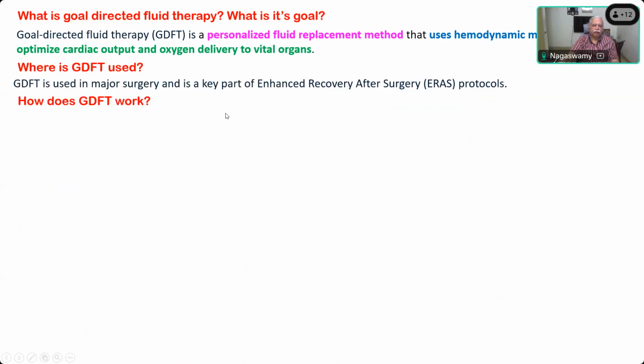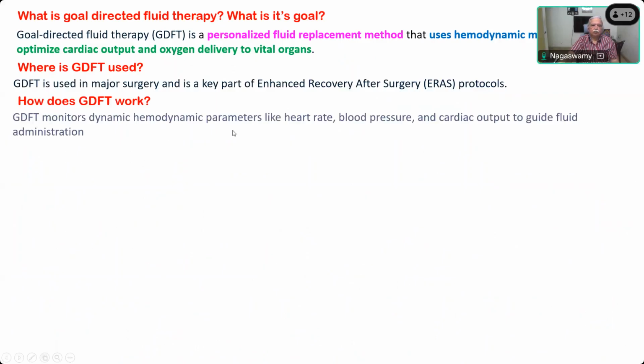How does GDFT work? They work based on hemodynamic parameters like heart rate, blood pressure, and cardiac output. What monitor systems are needed for GDFT? Can you do it with your regular multi-parameter monitor, or do you require something else?